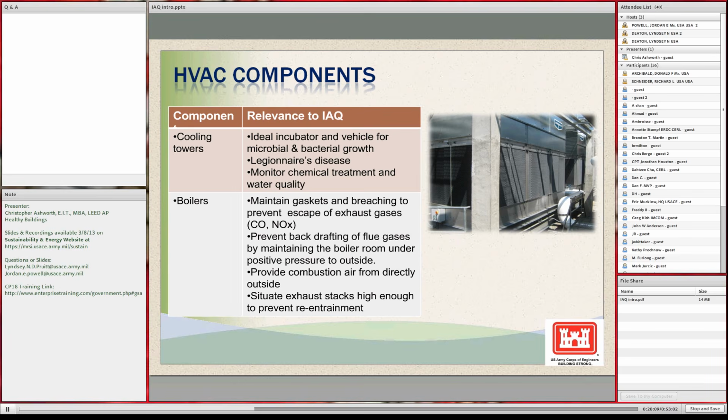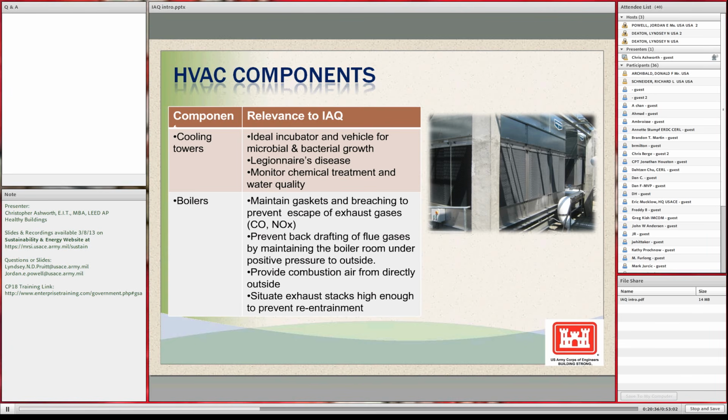Their locations in regards to outdoor air intakes and locations of the building as a whole, and the design and piping throughout the HVAC system, are a huge part of indoor air quality, and probably the most important part. Legionnaires' disease is a documented killer. A lot of the other issues with indoor air quality come down to comfort and the perceptions and management of them, but Legionnaires' disease is the biggest thing.